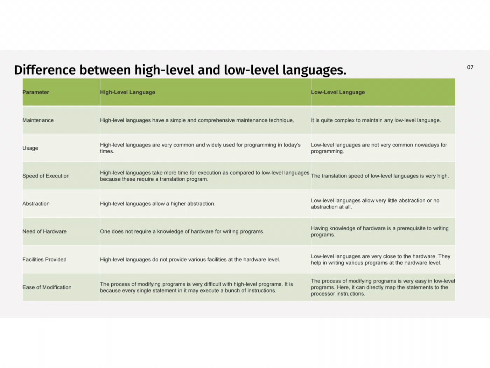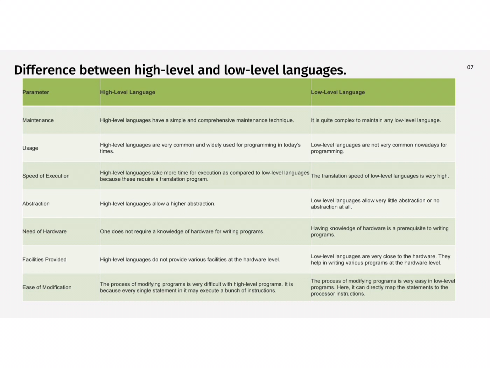High-level languages also allow a higher abstraction compared to low-level languages which allow only very little abstraction or no abstraction at all. An abstraction is a process of picking data from a bigger pool in order to present the user only the relevant features of a particular item. And it helps in reduction of programming labor and complexity. And it is one of the most crucial ideas of object-oriented programming.